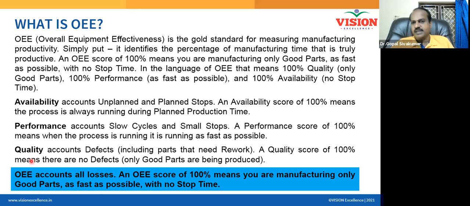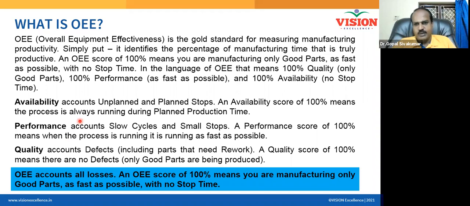That means no quality loss. Your equipment runs at the required speed, as per the desire, as per the theory, as per the plan. So there is no performance loss. And there is no stoppage. Equipment is not stopped at all. It keeps on producing product. That means there is no availability loss.